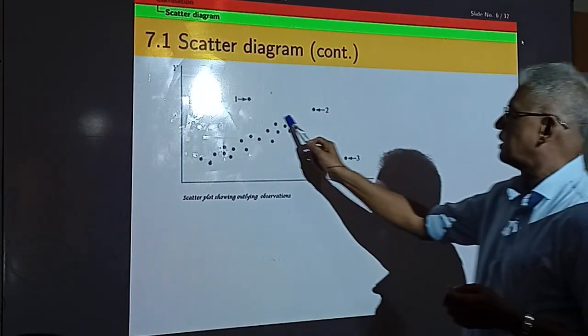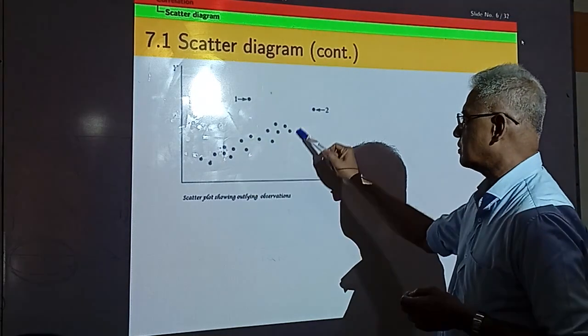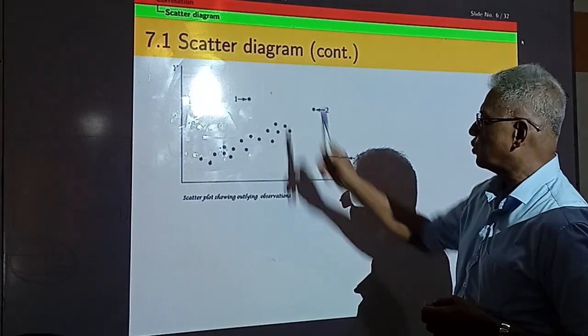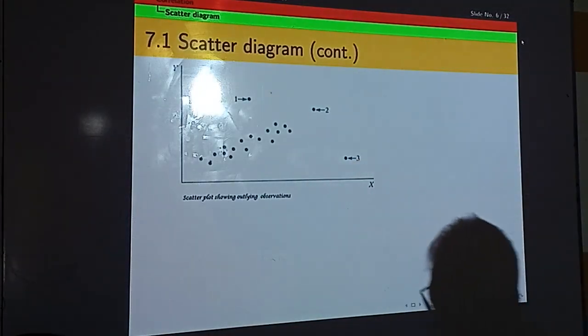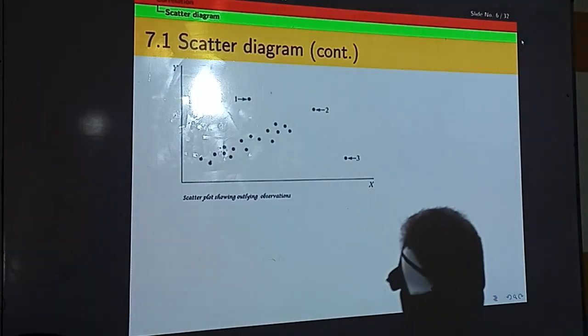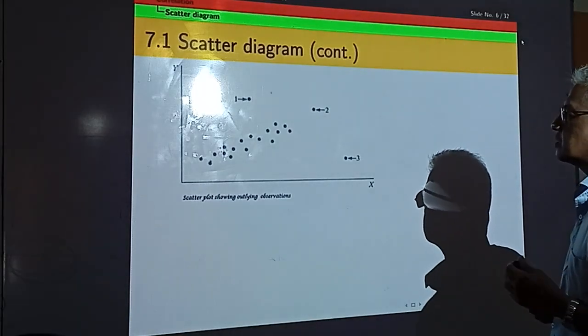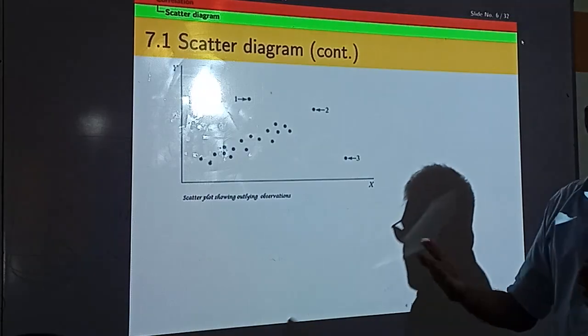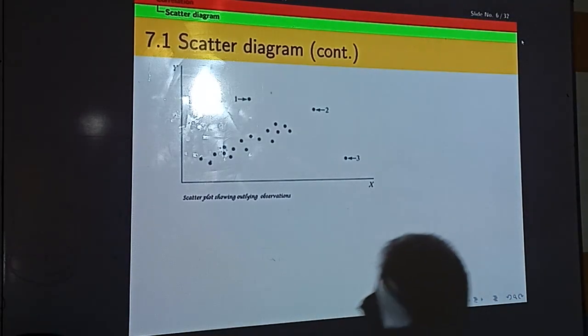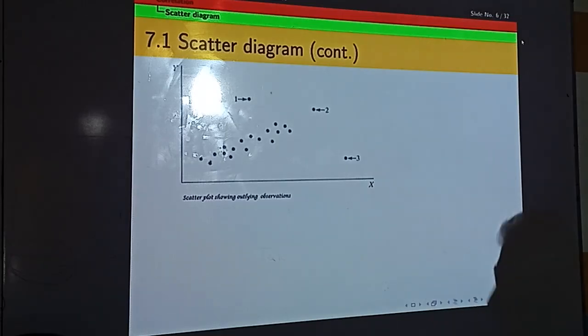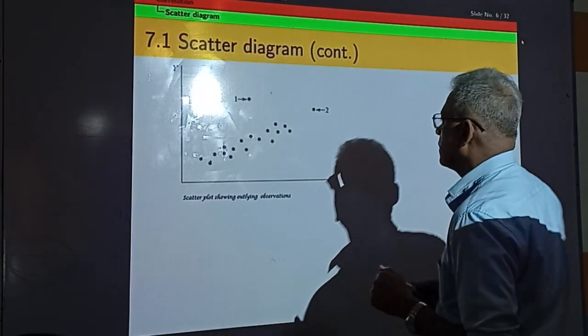So the bulk of the data is this area here. When you consider two-dimensional, you can call it two-dimensional outliers. Some outliers can be outlying with respect to their x value. Some are outlying with respect to y value. Some are outlying with respect to both.